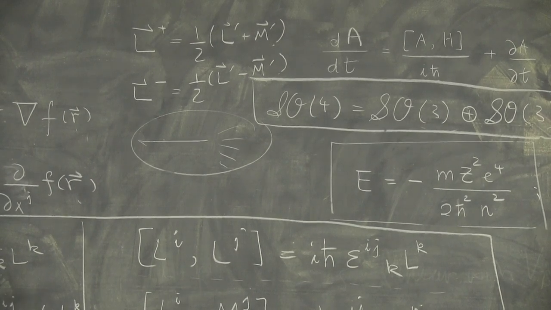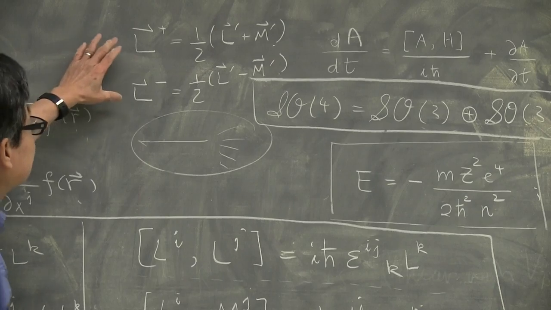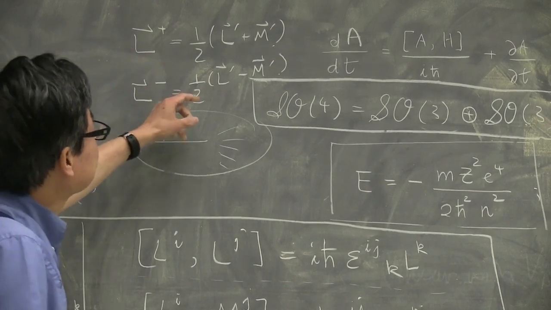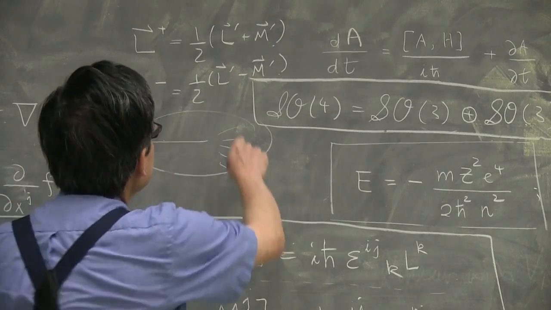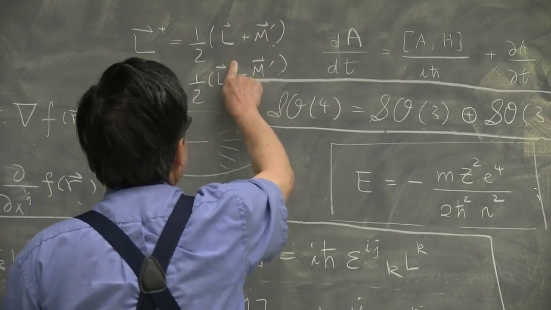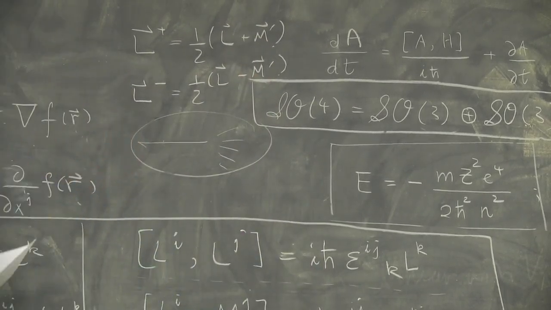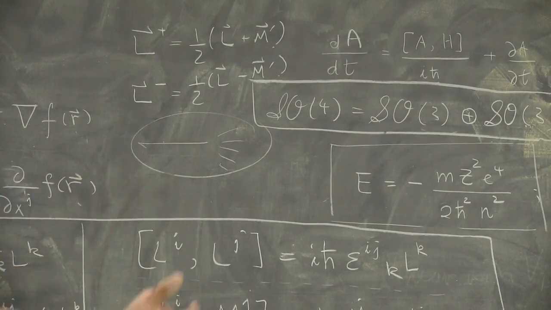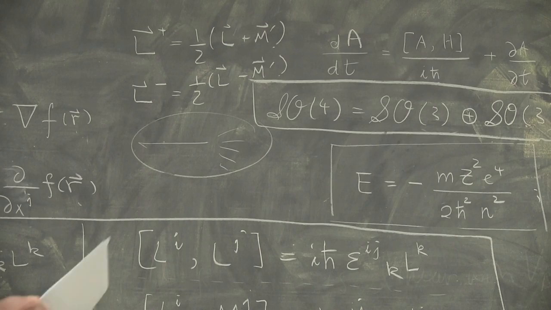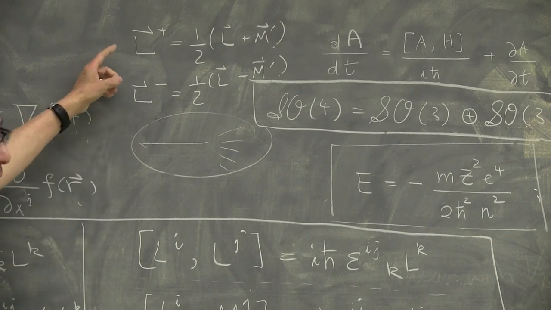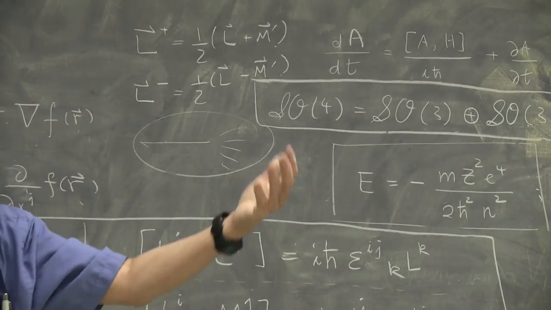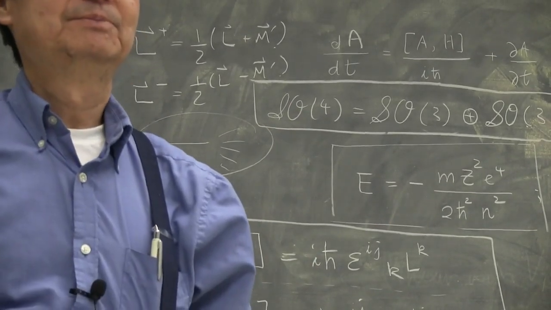It's clear that I can either use these 6 as the basis, or I can use the original 6. Sorry, the L and the M primes. The original ones are L1, L2, L3, M prime 1, M prime 2, M prime 3. I can also use L plus 1, L plus 2, L plus 3, and L minus 1, L minus 2, L minus 3.